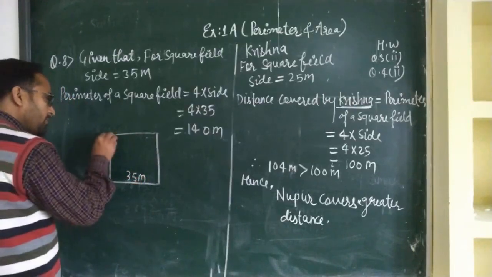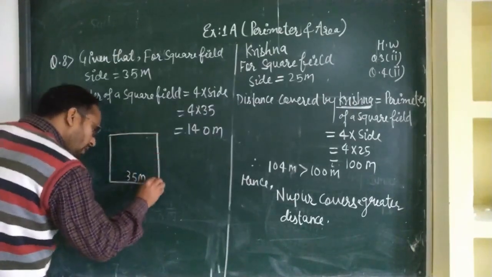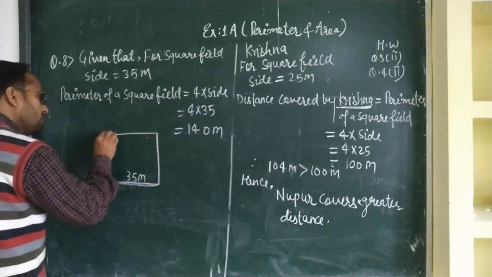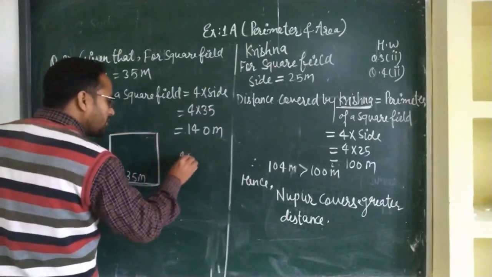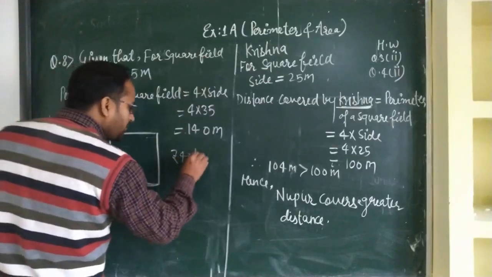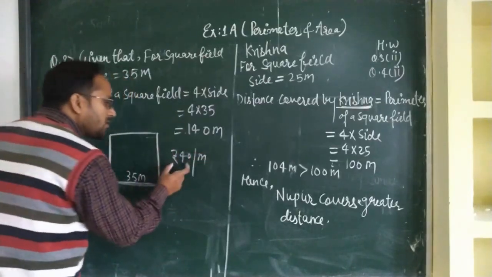Fencing means covering the boundary of this square field. The cost is given at 40 rupees per meter, meaning 1 meter costs 40 rupees.